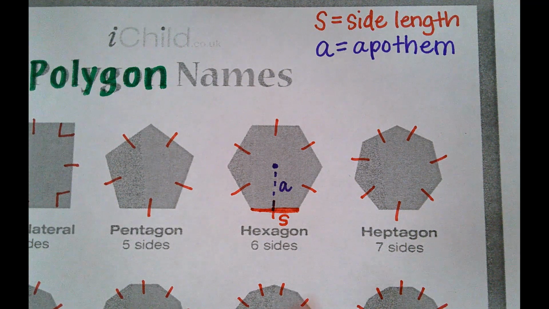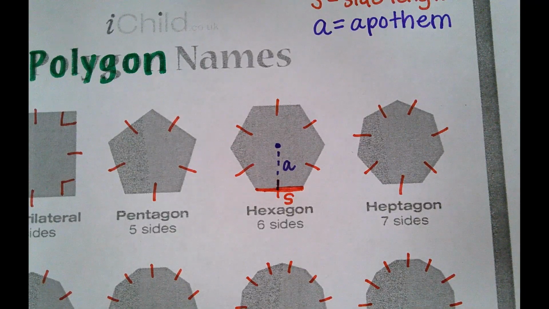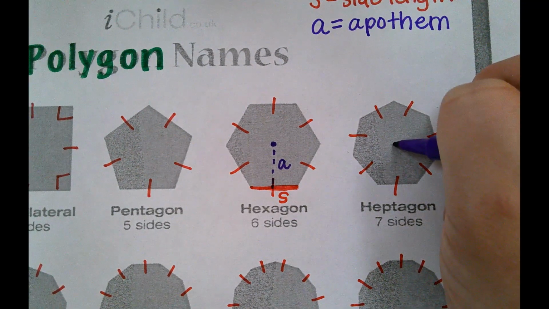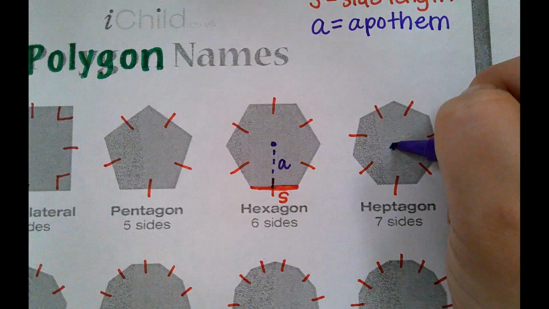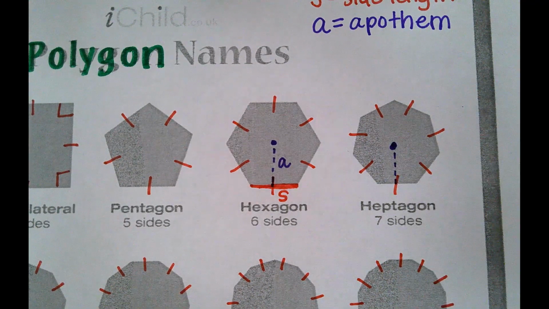So we have an apothem, we have a side length. We can use this on any regular polygon. The apothem of a heptagon would start from the center, and it would be the length from the center out to one of the sides.